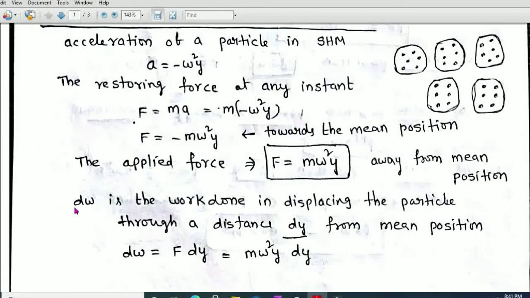Here dW is the small work done in displacing the particle through a small distance dy from the mean position. So dW is equal to F into dy, since work done is the product of force and displacement, and here the small displacement is dy. Since this is the applied force, which displaces the particle, we substitute F as m omega square y, so dW is equal to m omega square y into dy.